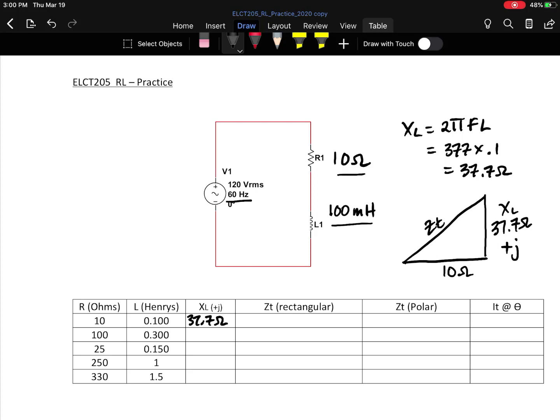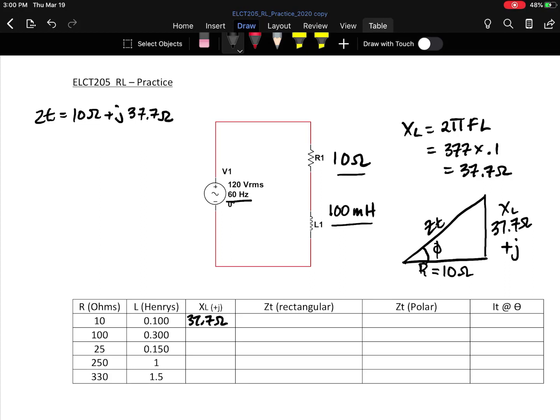Remember, XL is a plus j component. So I've indicated a plus j component for XL here, and my value of R at 10 ohms at 0 degrees. That means you're going to have a Z total value at an angle of phi here in the impedance triangle. Z total can be written here as 10 ohms plus j 37.7 ohms.